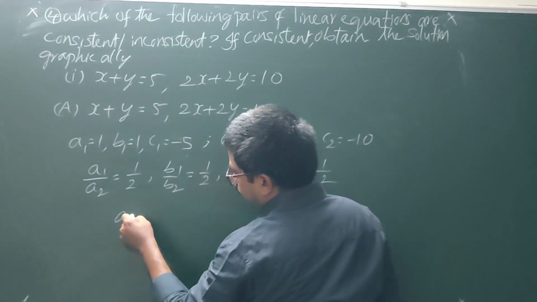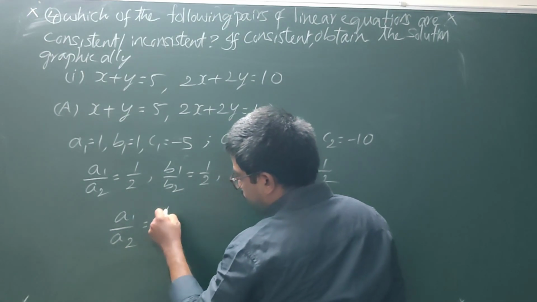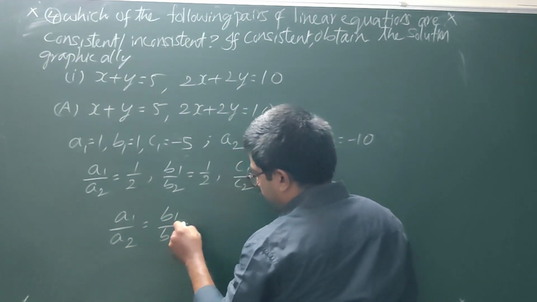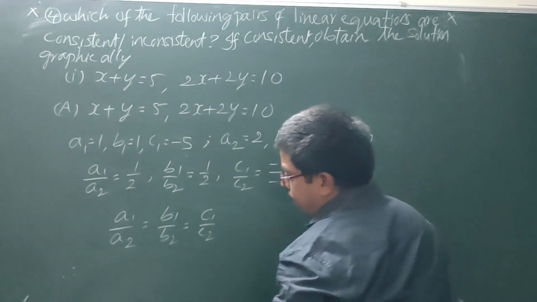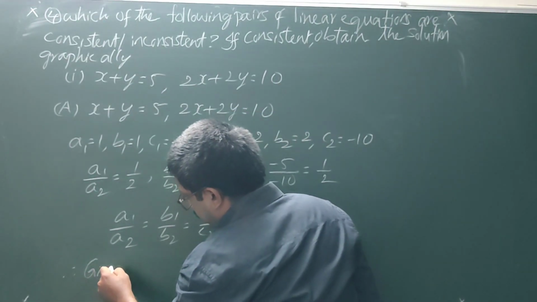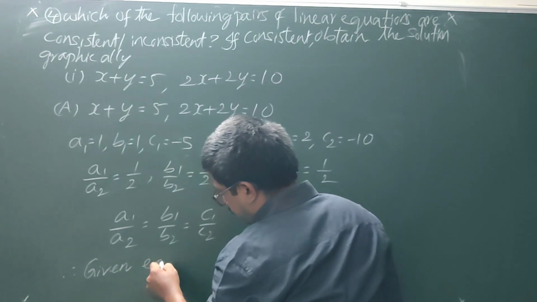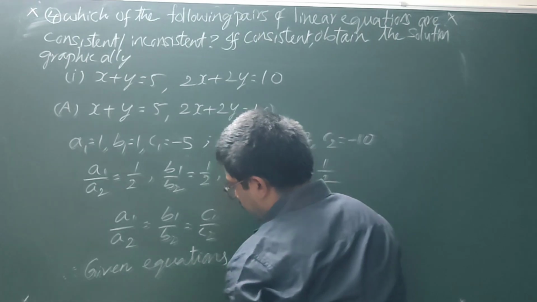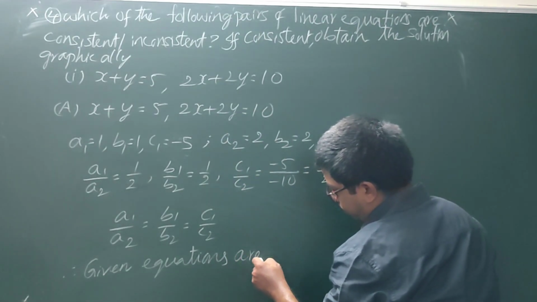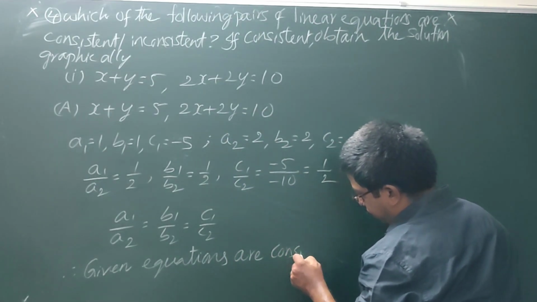So here a1 by a2 equal to b1 by b2 equal to c1 by c2. All the ratios are equal. The given equations are consistent.